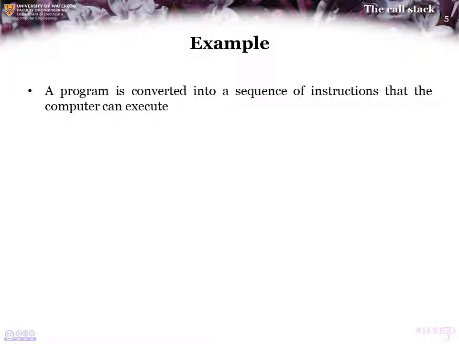A program is converted into a sequence of instructions that the computer can execute. These instructions are stored in a file within a file system. A file is a contiguous block of data that is identifiable through a name.